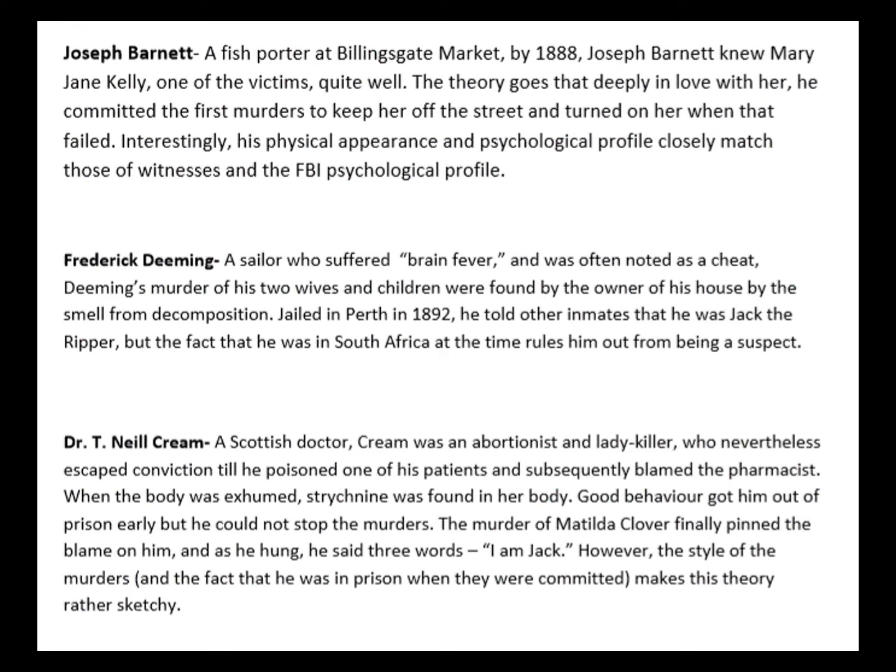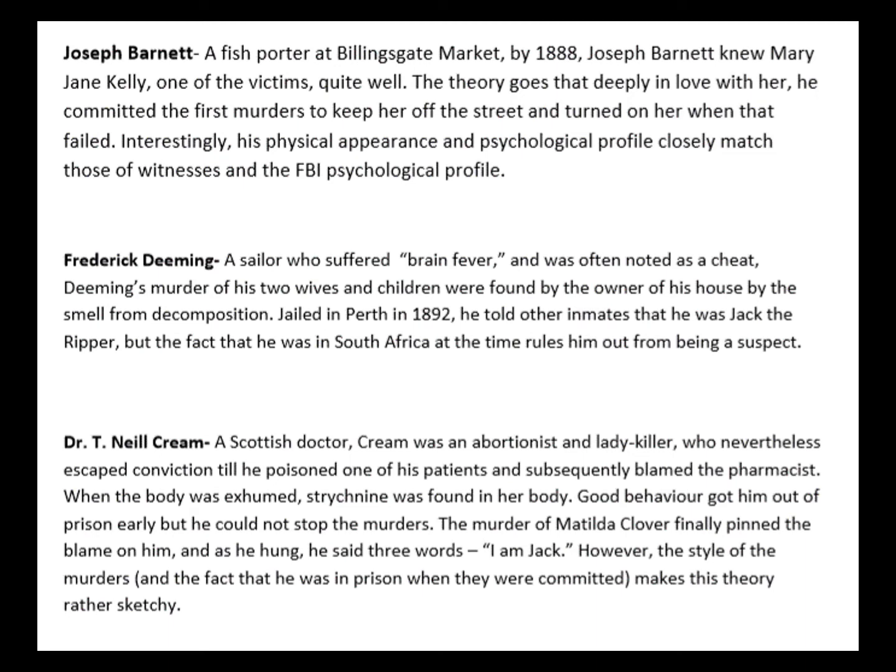He had previously been jailed for crimes and violence in pubs where he was accused of cheating, and eventually he murdered his 2 wives and children, so his wife and his ex-wife and his children, and their bodies were found by the owner of the house that he rented because they had started to smell.